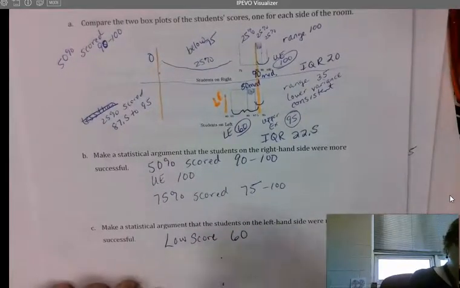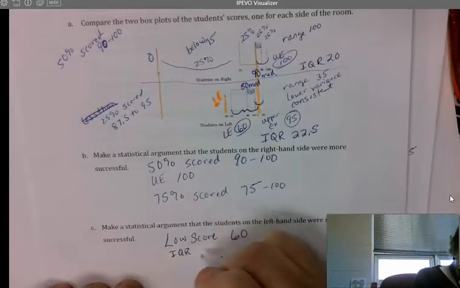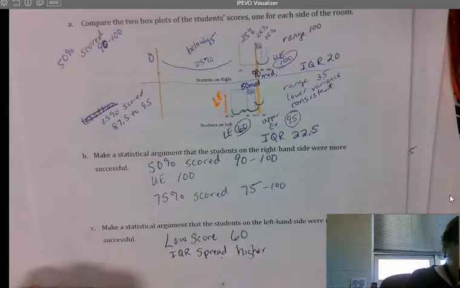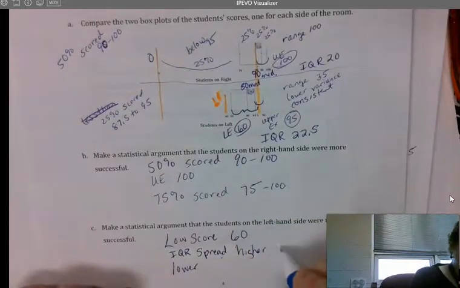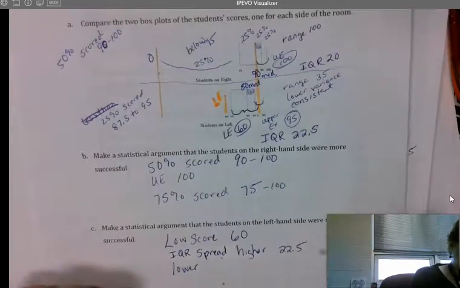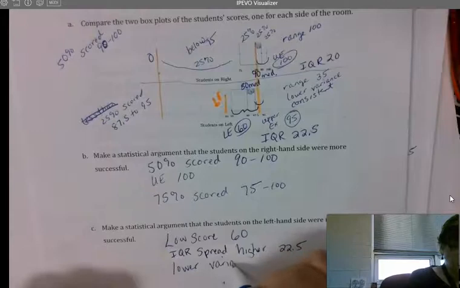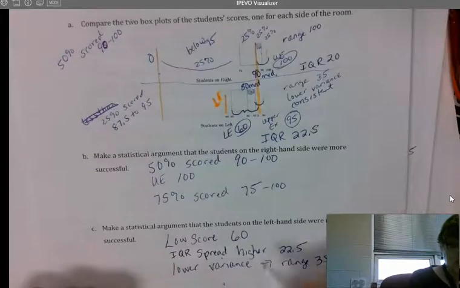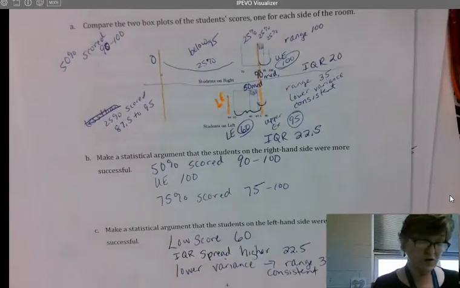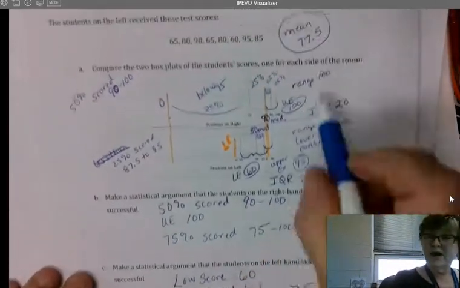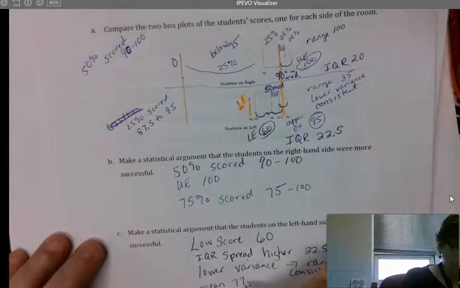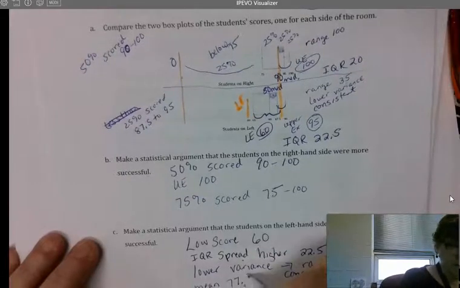So your IQR spread was higher. It had a lower variance. That was 22.5. Lower variance. And our range was just 35, so that means it was more consistent. Okay, those are 3 key things. Oh, there's one more. And notice back to our data here. It had a mean of 77.5.